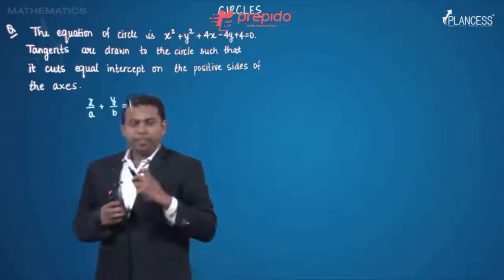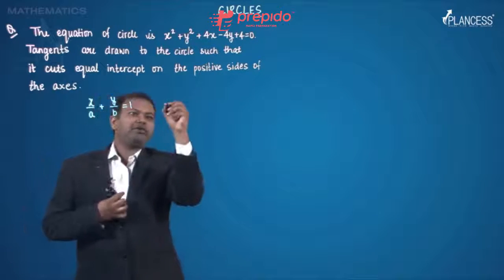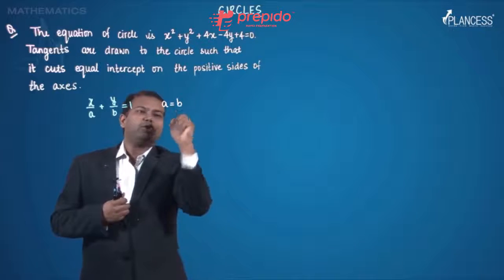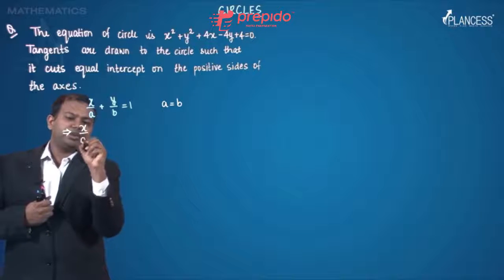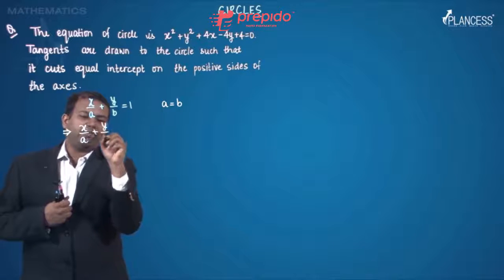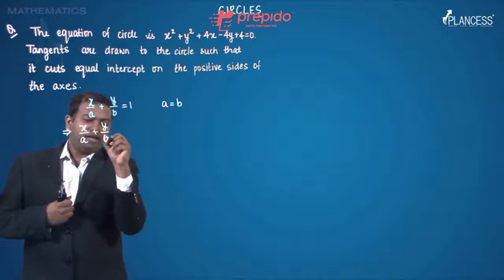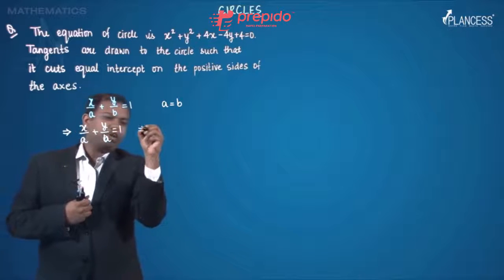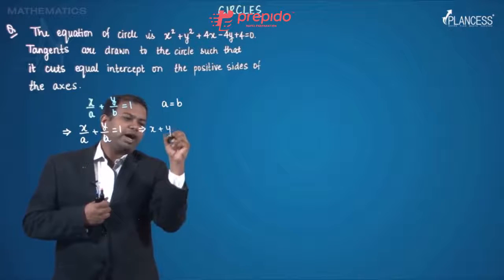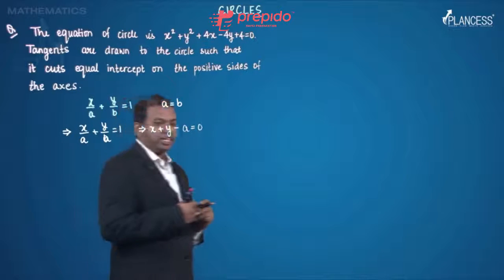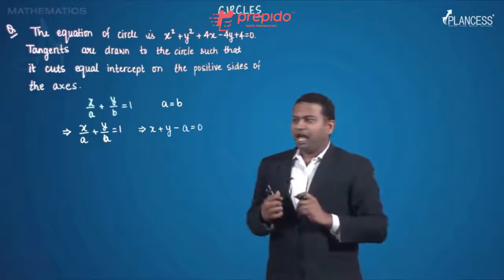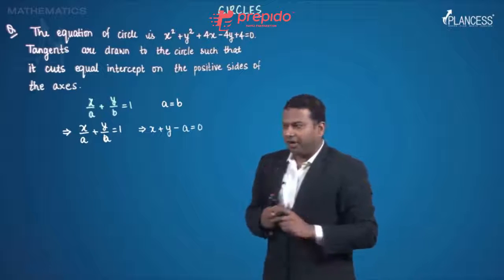Now here, since it is given that a is equal to b, we can write our equation as x by a plus y by a equal to 1, which gives us x plus y minus a equal to 0. So this is a straight line and the value of a is what we have to find.